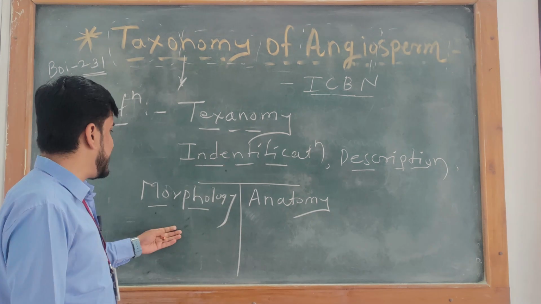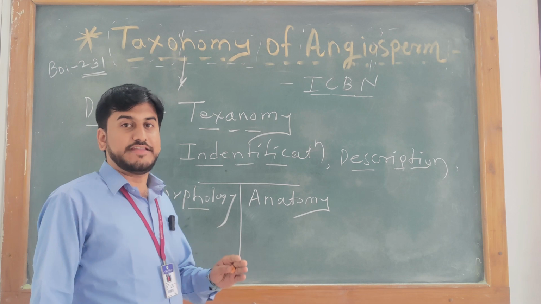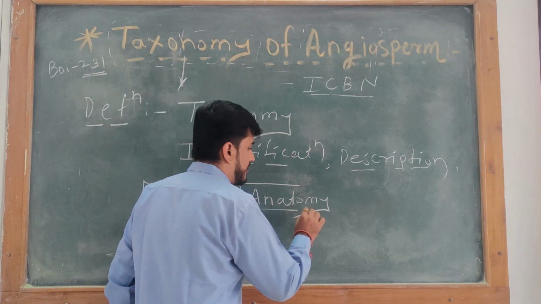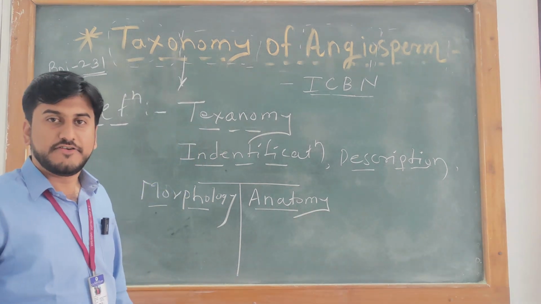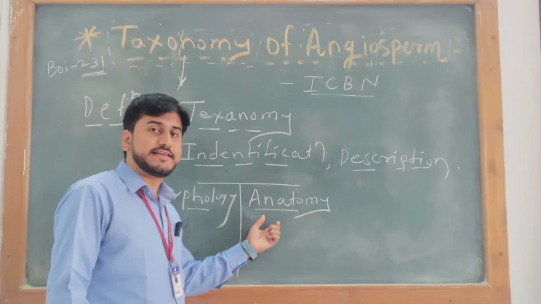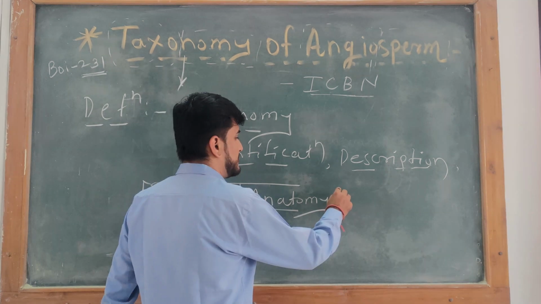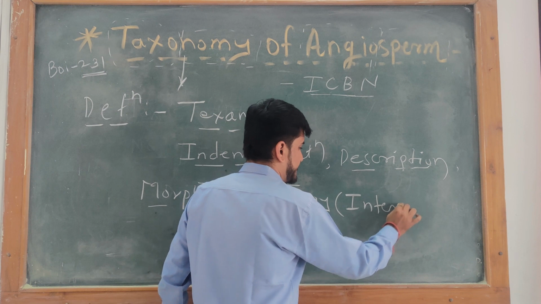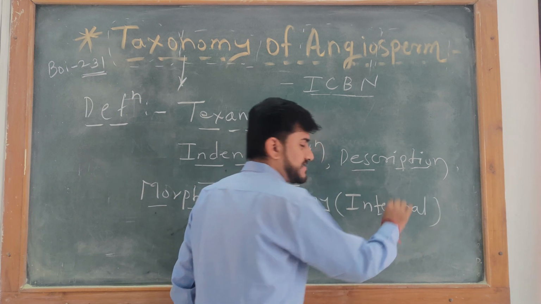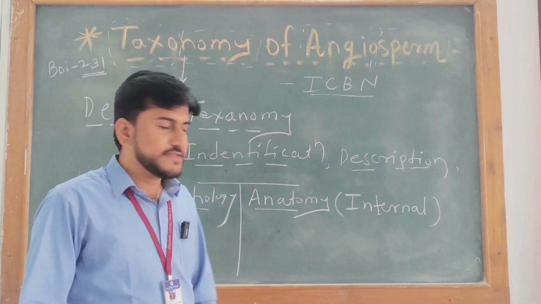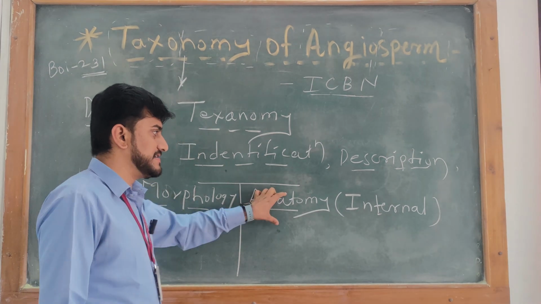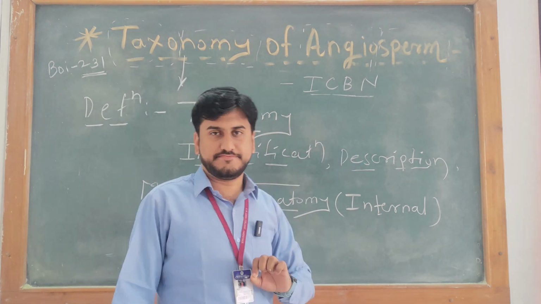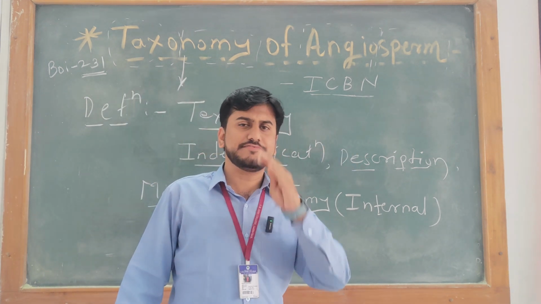This is known as external characters. The second criteria we utilize is anatomical characters, also known as internal characteristic features, internal characters. So external and internal characters we utilize for the description. You have to describe the plant group.